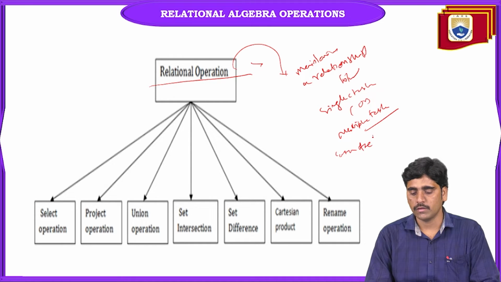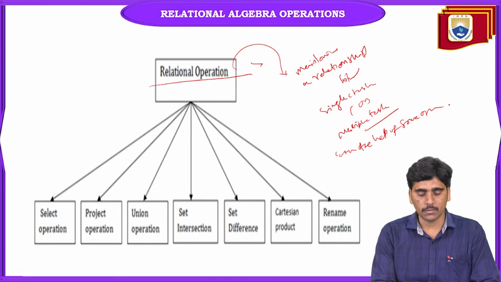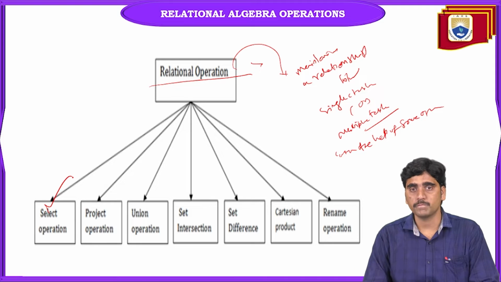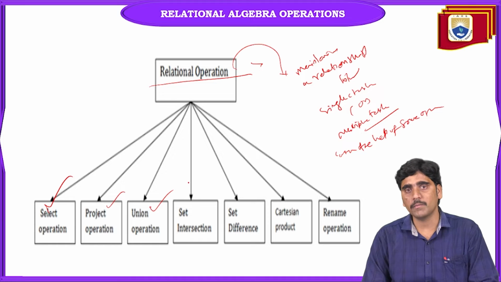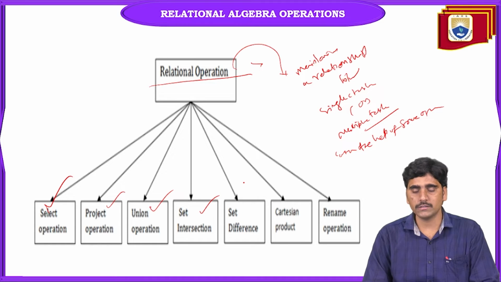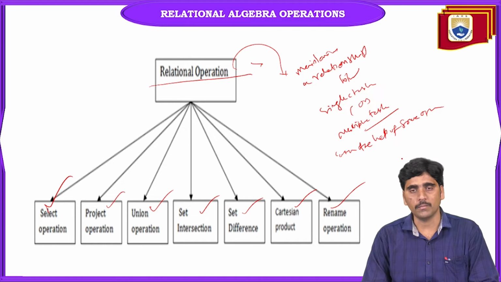Those operators are the select operator performing the selection operation, the project operator performing the projection operation, the union operator performing the union operation, set operators performing set operations, set difference operator performing the difference operation, Cartesian product performing cross join operations, and the rename operator for renaming operations. So we can have different types of relational algebraic operations or operators to perform all these operations on a single table or multiple tables.